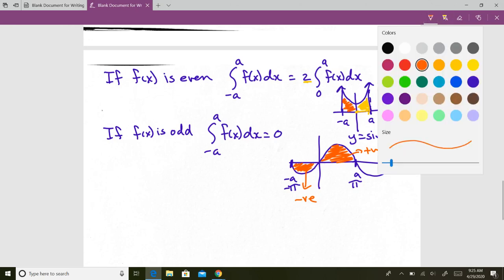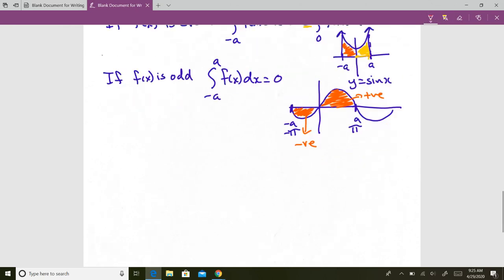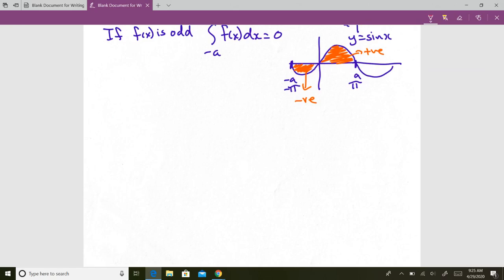So when is this of use to us? An example like this, integral from -3 to 3 of some complex polynomial, x cubed plus 4x squared minus 3x minus 6. Okay.